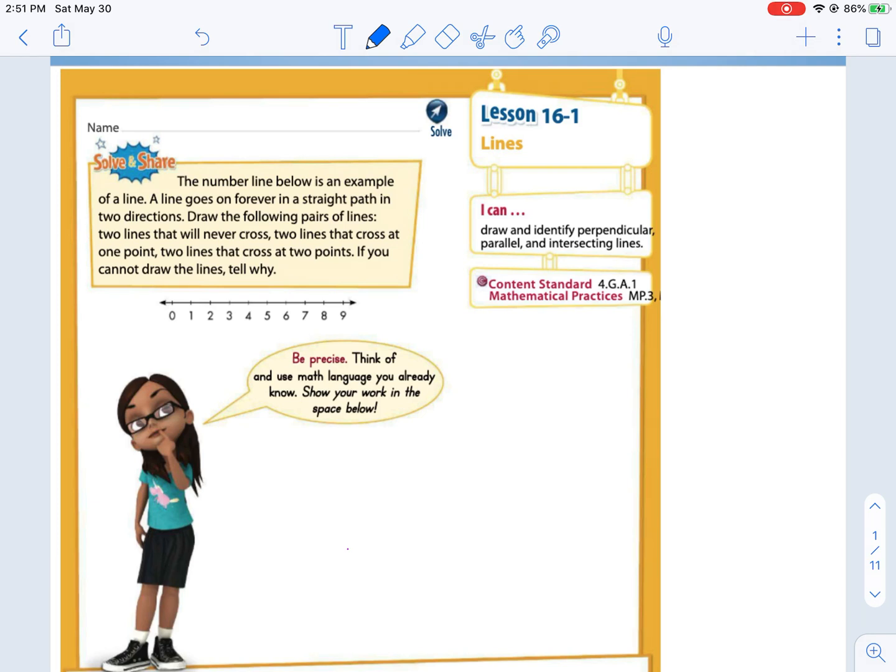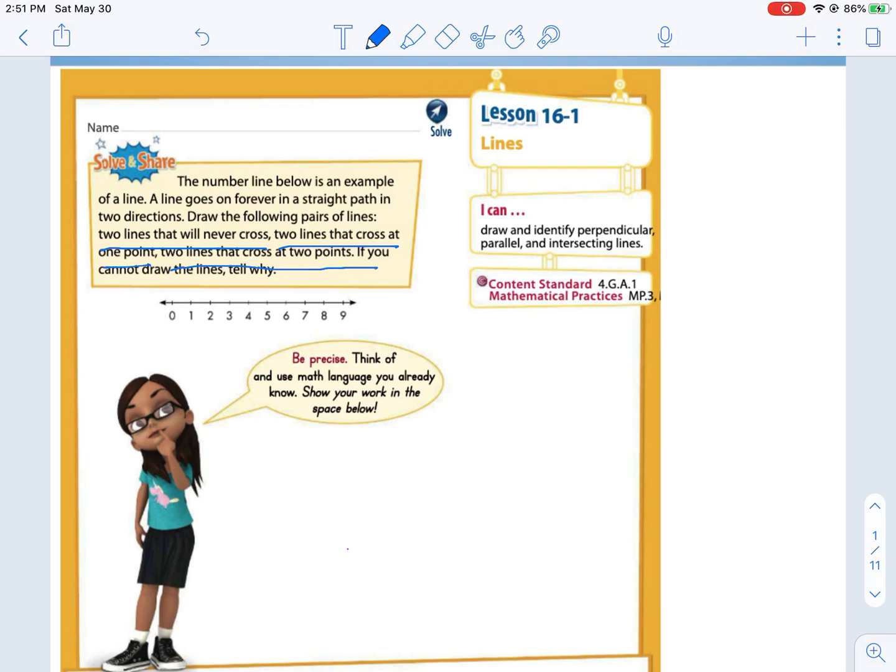So I want you to stop, and I'm going to read it one more time. Of course, you should have your pencil and paper with you, and I want you to try this out. Draw the following pairs of lines: two lines that never cross, two lines that cross at 1 point, and two lines that cross at 2 points.